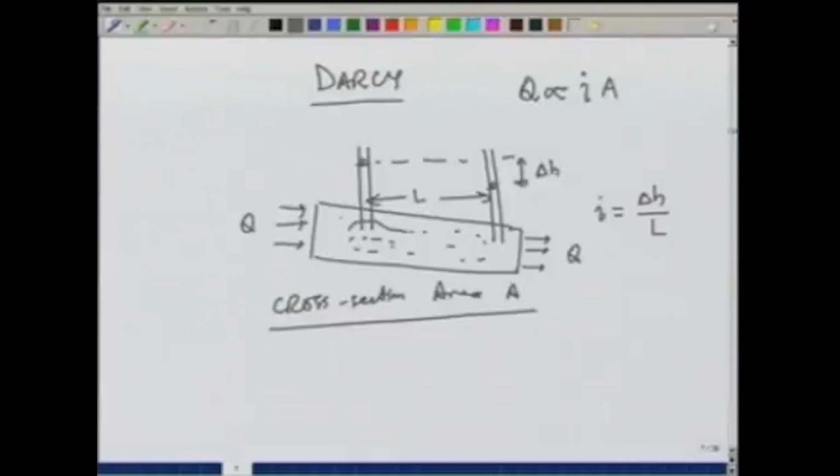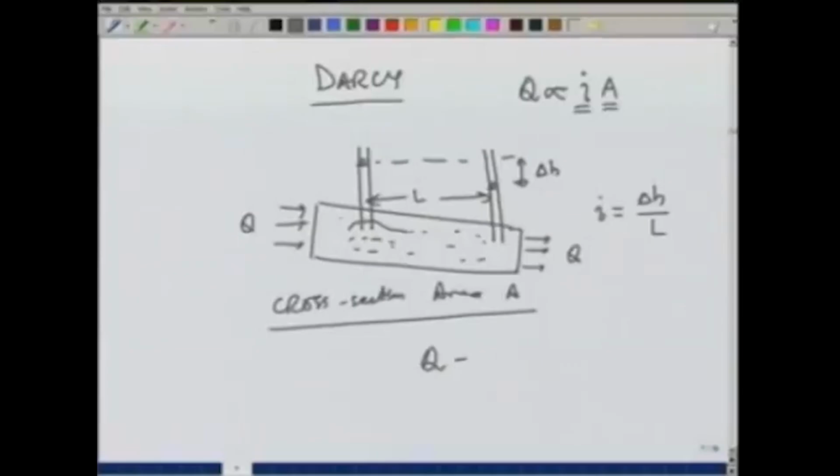So, if you take different experiments with different hydraulic gradients, the amount of flow Q would be directly proportional to the hydraulic gradient I and area of cross section A. And therefore, he introduced a constant of proportionality and called it permeability or hydraulic conductivity.